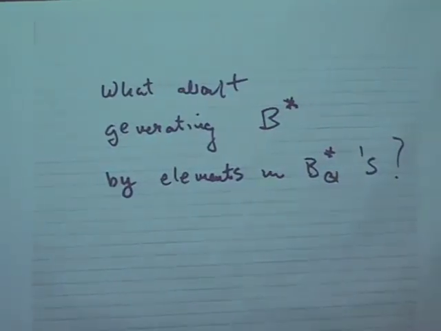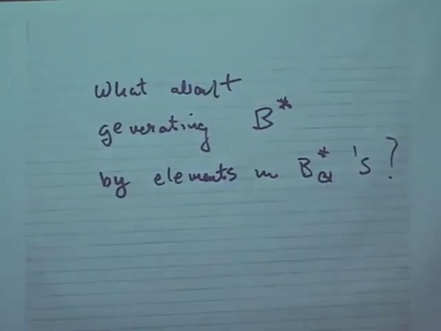Again, you're going to have a problem with reduced norms, because the reduced norm of something in a subalgebra is going to be in Q star. Units in B star will be in K star, and you're going to have this gap.